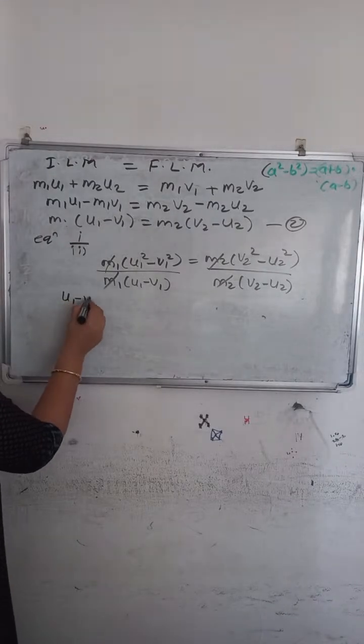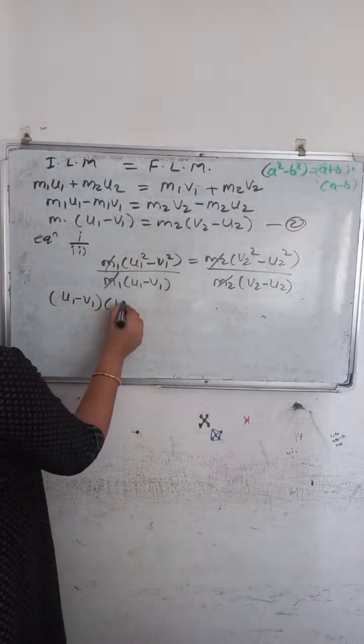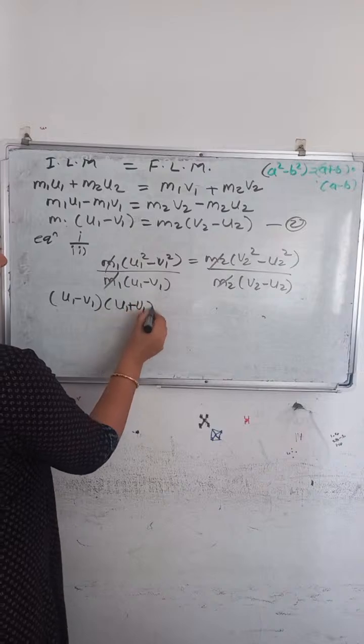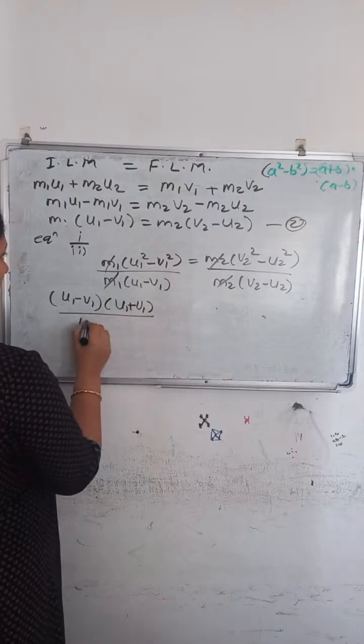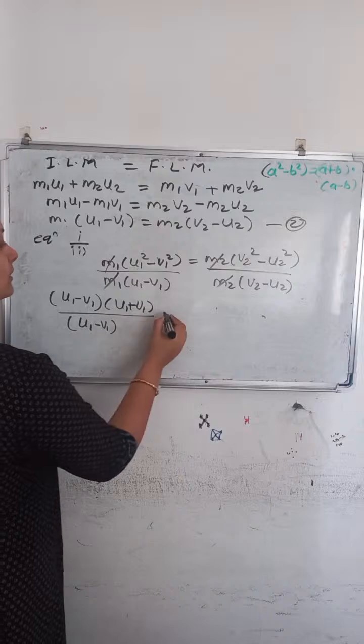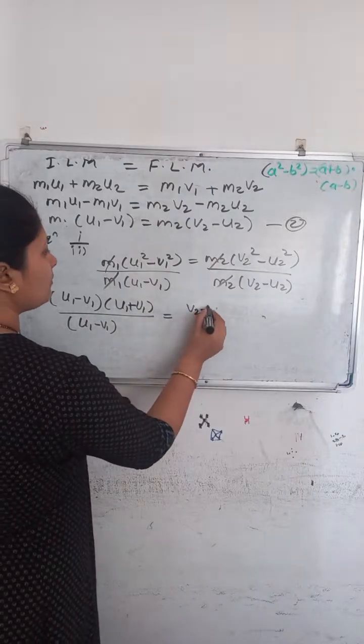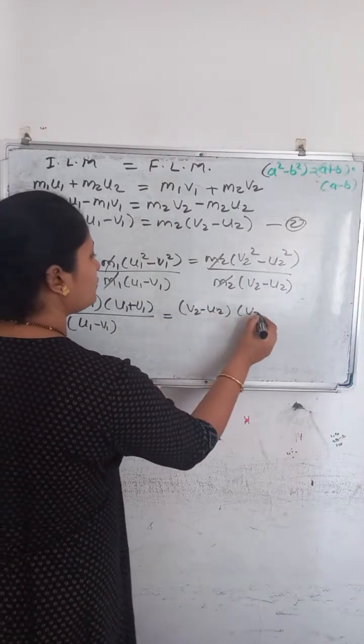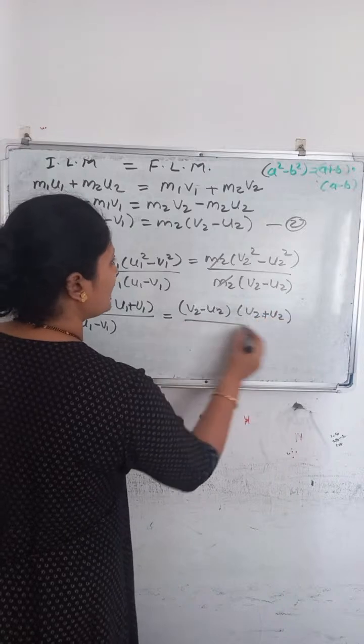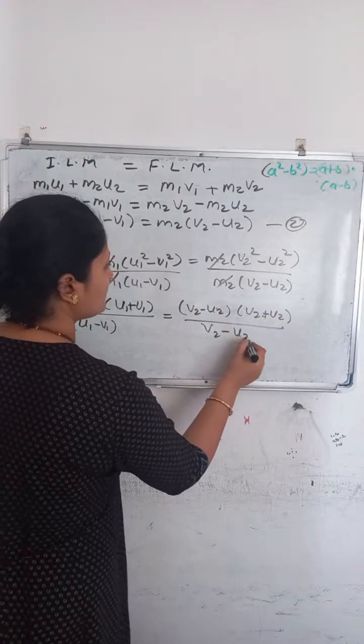So you can expand this. Here u1 minus v1 and u1 plus v1 upon u1 minus v1 is equal to v2 minus u2 and v2 plus u2 divided by v2 minus u2.